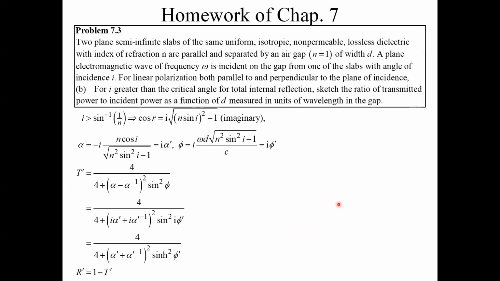Okay, for part B, if the incident angle is greater than the critical angle for total internal reflection, sketch the ratio of the transmitted power to incident power as a function of d measured in units of wavelength in the gap.